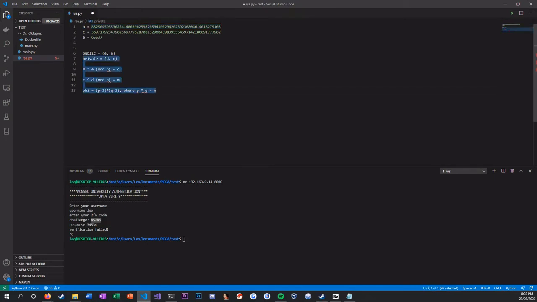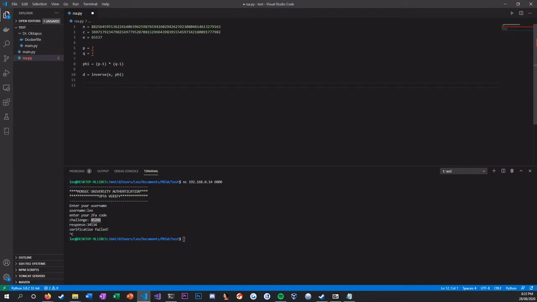So the way you typically solve this is by finding the values of P and Q. P is equal to something, Q is equal to something, we don't know what they are, and then we already know E, and so D is equal to the inverse of E, where phi is equal to P minus 1 times Q minus 1. D is equal to the modular multiplicative inverse of E and phi.